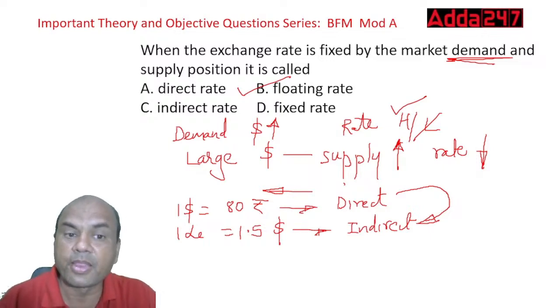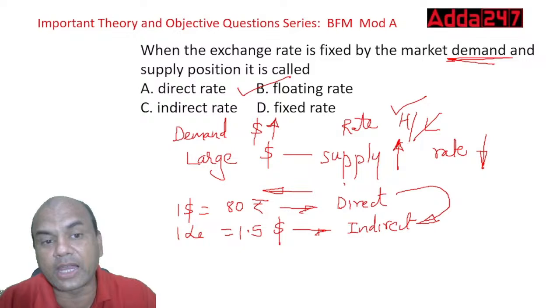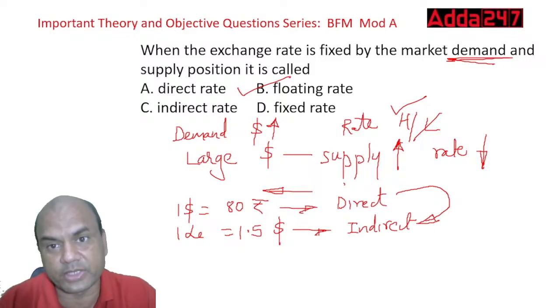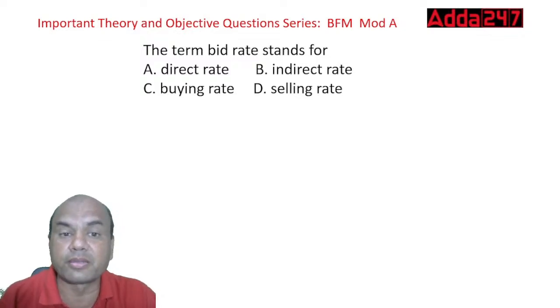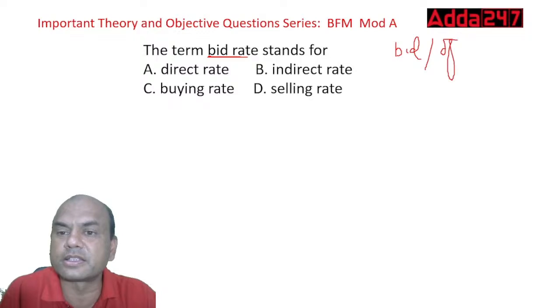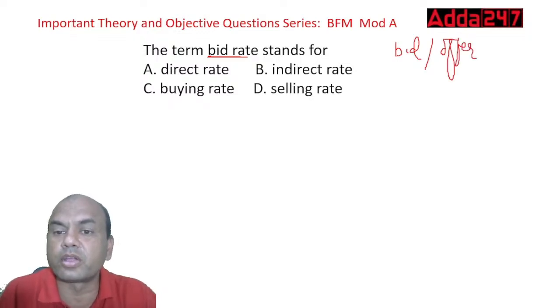So this is the concept of direct, indirect, floating and fixed. The term bid rate stands for bid. Bid offer, bid offer. So you call it buy and sell.